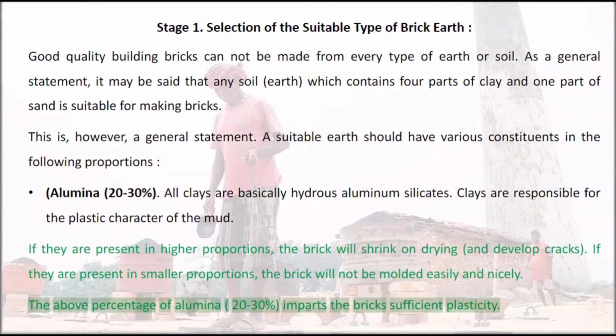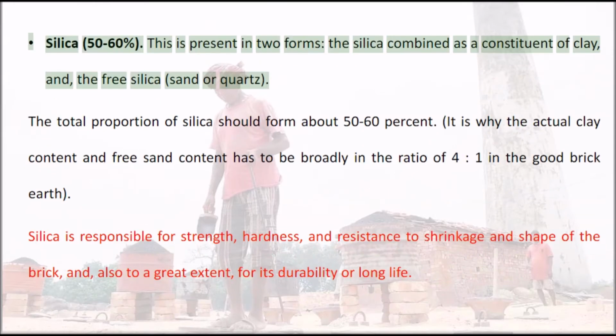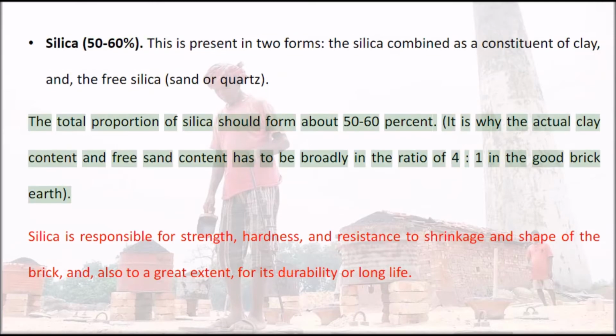Silica, 50 to 60%. This is present in 2 forms: the silica combined as a constituent of clay, and the free silica, sand or quartz. The total proportion of silica should form about 50 to 60%.